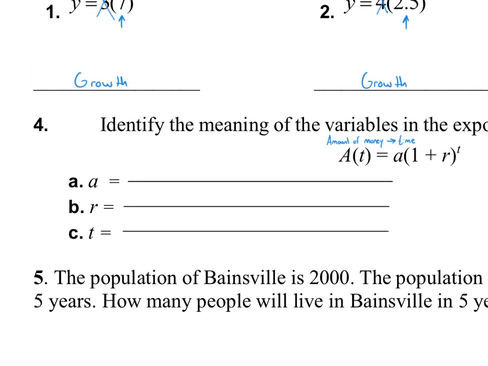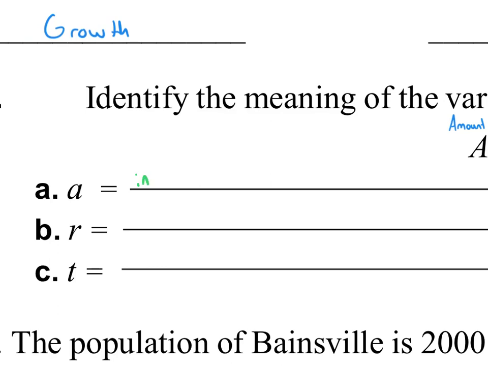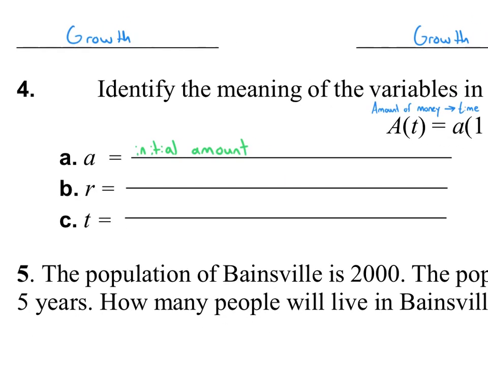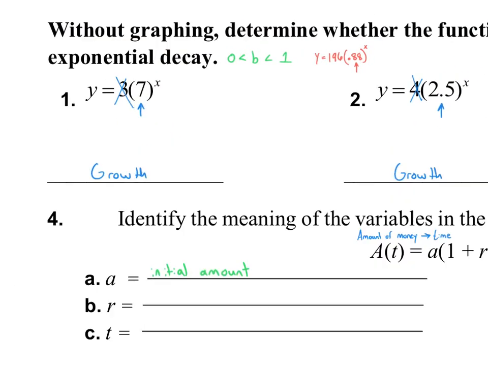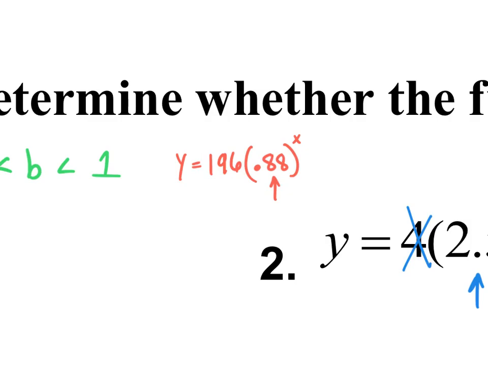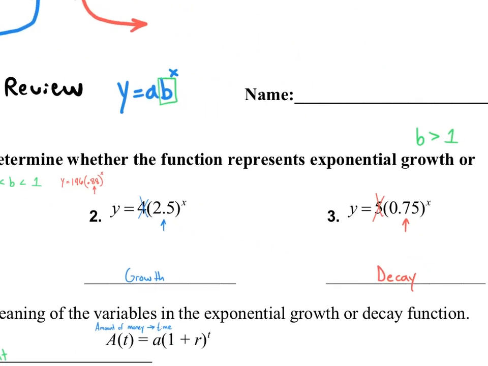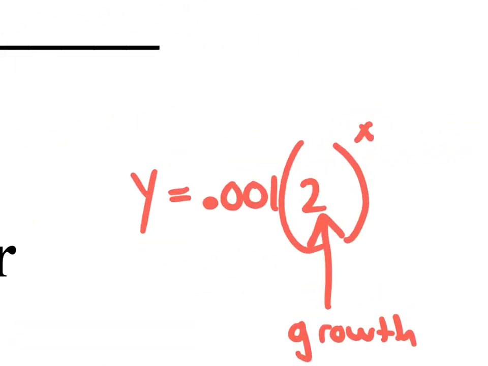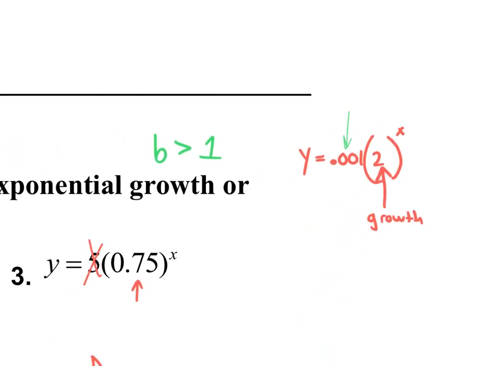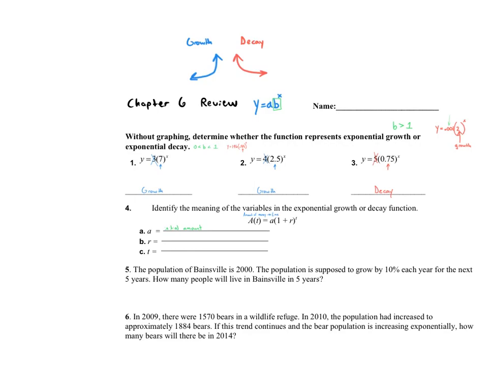The little a represents your initial amount. So it's the amount that you're starting off with. For example, up here in the coffee example, it was like 196 degrees. In that Bible example, the page was very, very thin, like 0.001 centimeters thick.